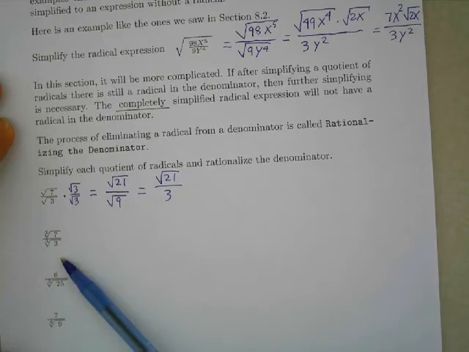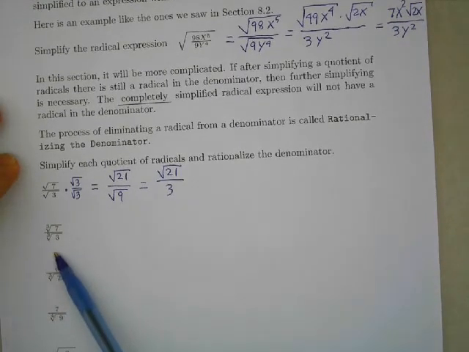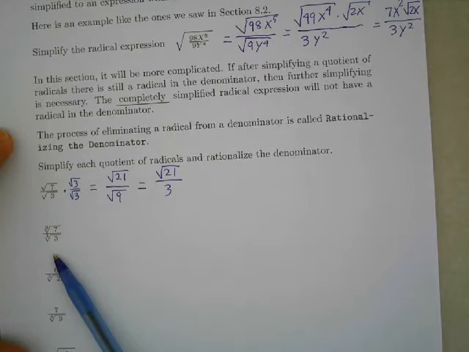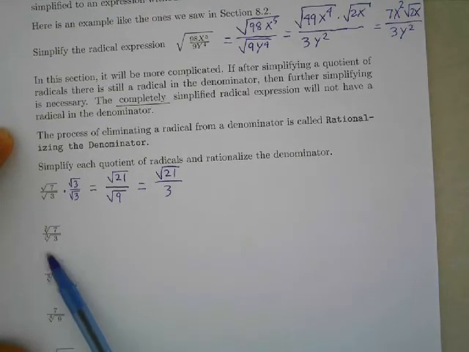Okay, in the next example, this time we have the cube root of 7 divided by the cube root of 3. This one's a little more complicated than the previous example. Since the denominator has the cube root of 3 in it, we focus on this radicand in the denominator, the 3.